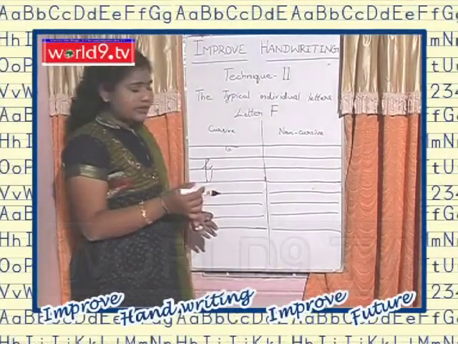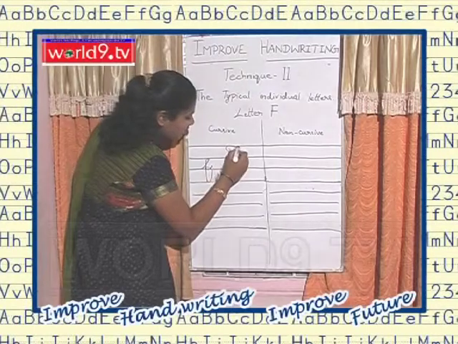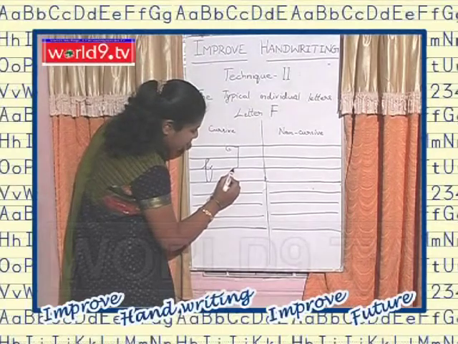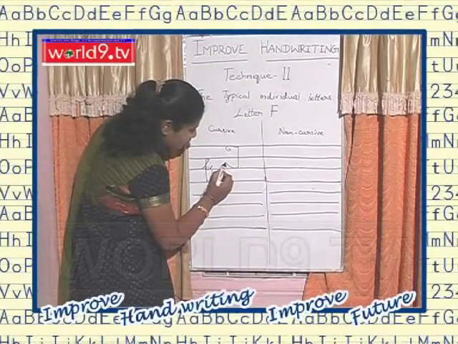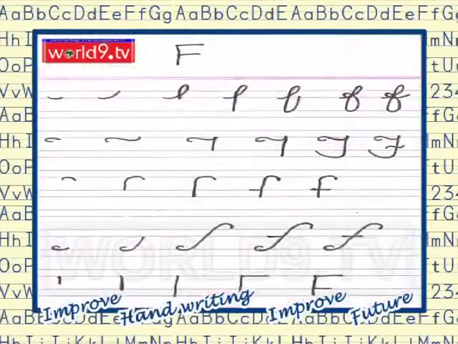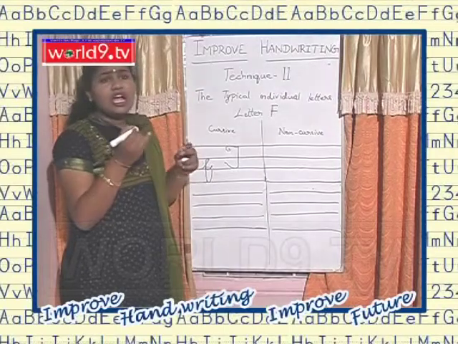See, there is so much difference here, a fish and water-like structure and a straight line, and coming down you should write like this. From here, keep a minute curve, which can be a C.